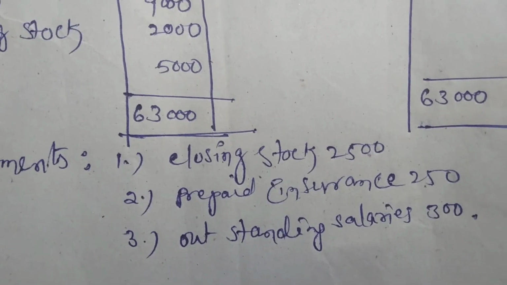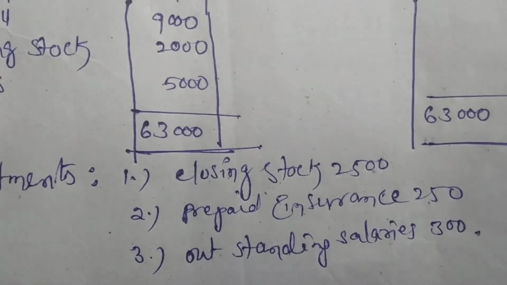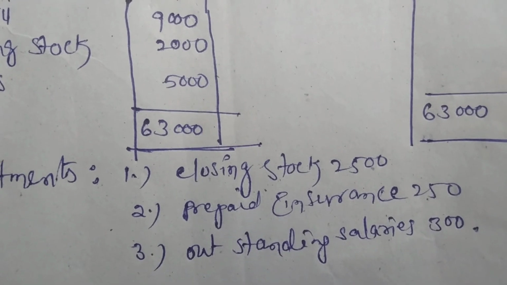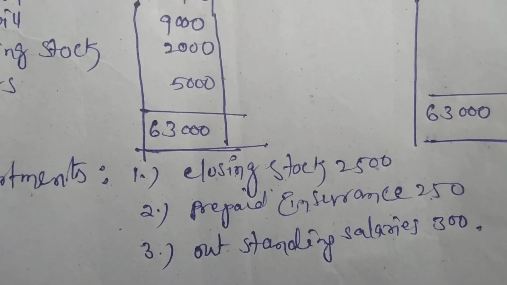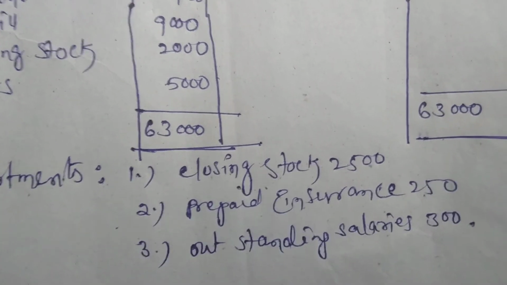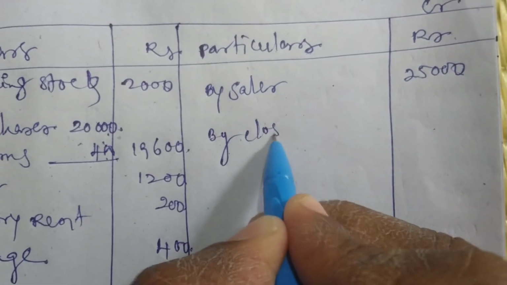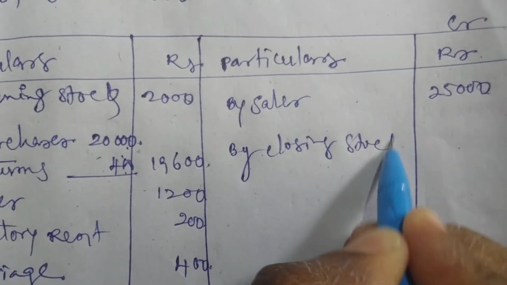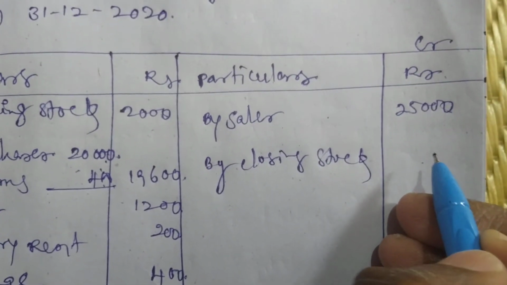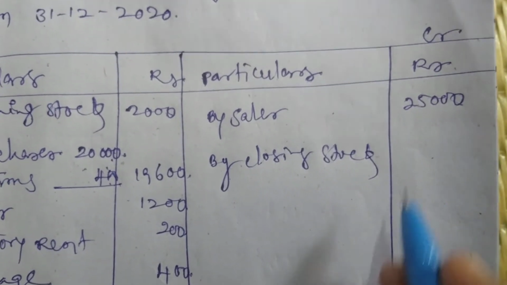closing stock 25,000. So the closing stock is shown in the credit side of the trading account and the asset side of the balance sheet. Right. By closing stock in credit side of the trading account 2500.